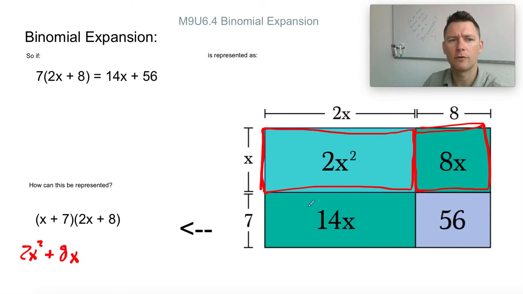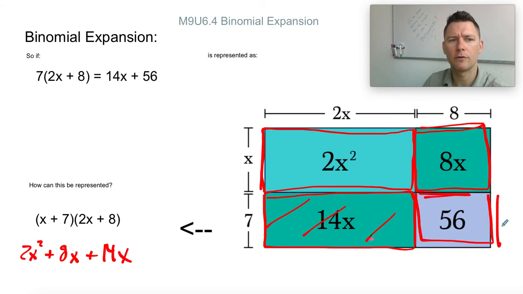And then there's this piece that's 7 by 2x, right? So the area there is 14x. And we have this last chunk that's 8 by 7, and that's just 56.